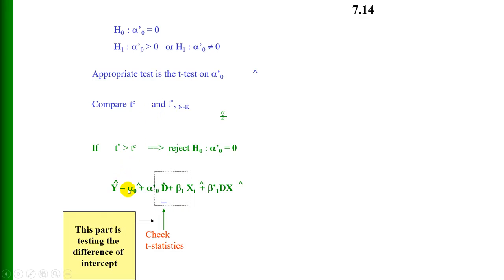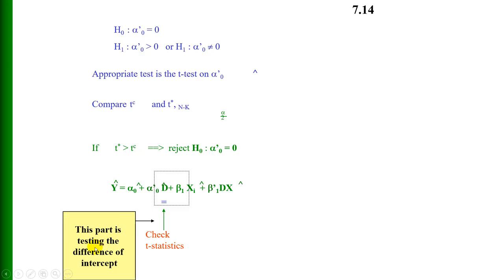So y hat is equal to alpha naught hat plus alpha naught prime hat D plus beta 1 hat x i plus beta 1 prime hat D x. Now we will check this.